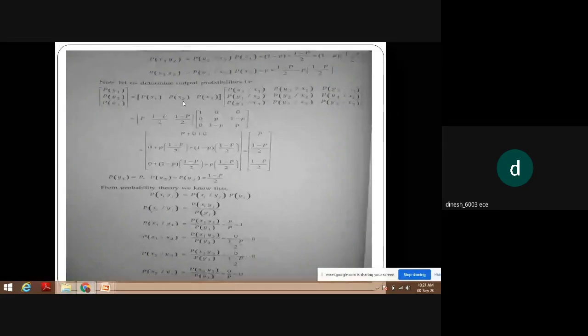So take all this, substitute in this equation, determining P of x1, P of x2, P of x3, y1 over x1, y2 over x1, y3 over x1, y1 over x2, y2 over x2, y3 over x2, y1 over x3, y2 over x3, y3 over x3. So substitute equivalent values.